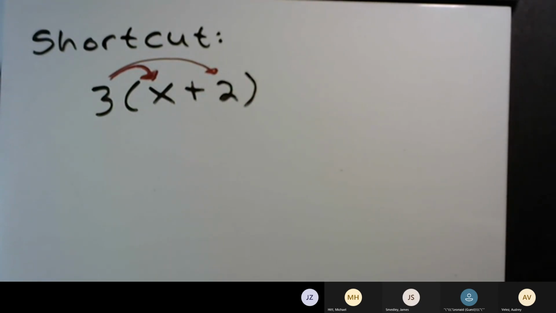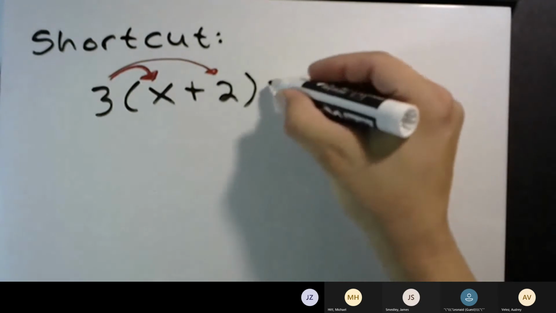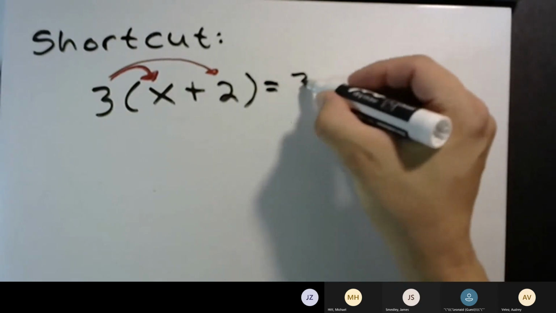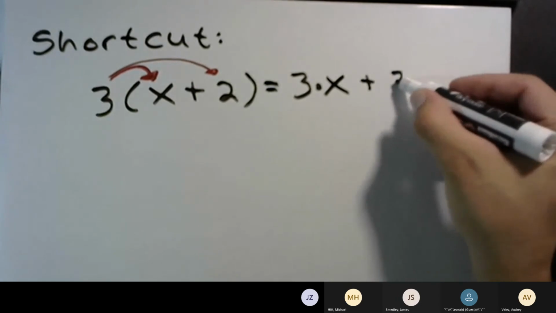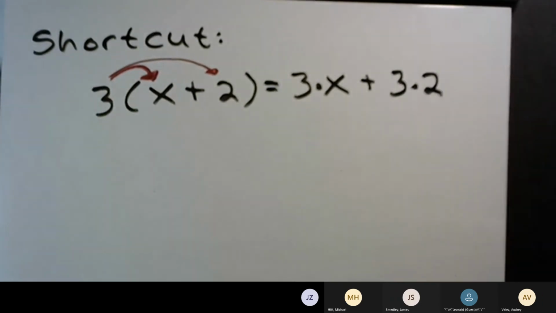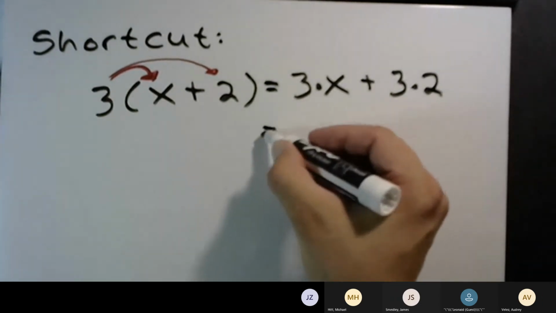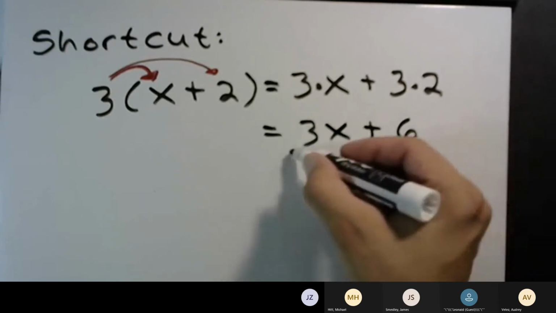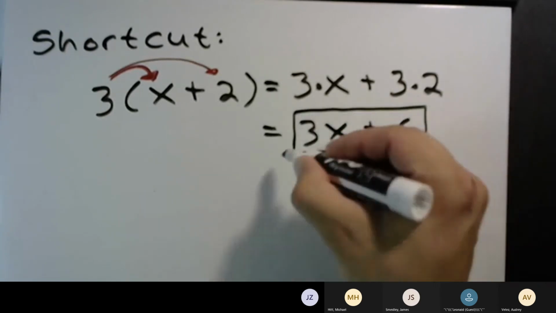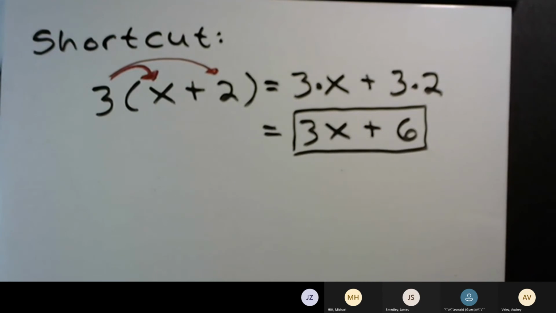And we distribute it as multiplication. And so we'll just cut to the chase and say 3 times x plus 3 times 2. And then we can simplify this. This will become 3x plus 6. Questions about that?